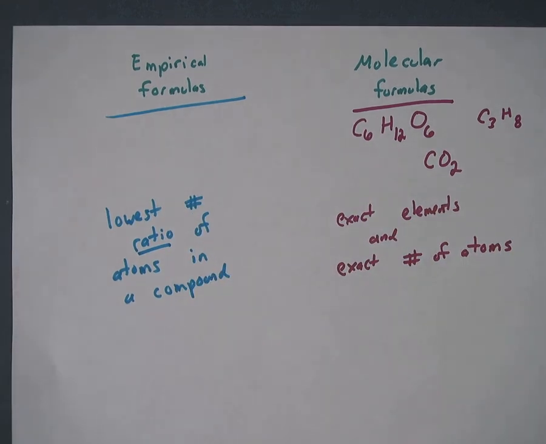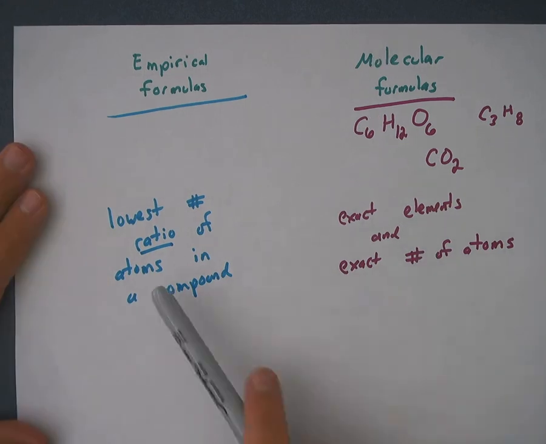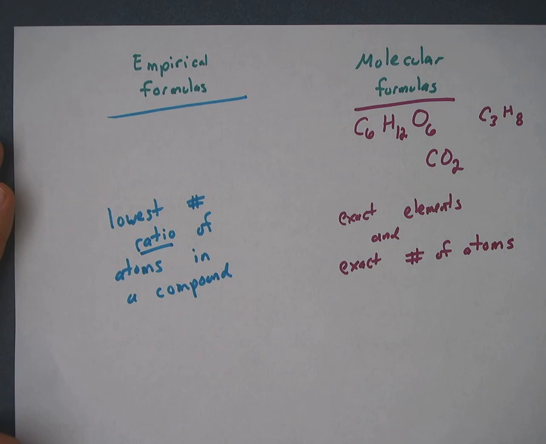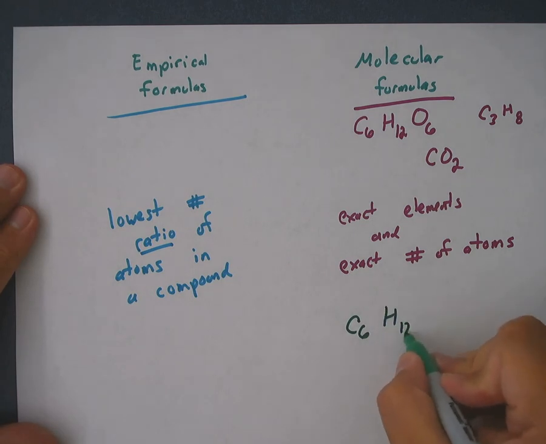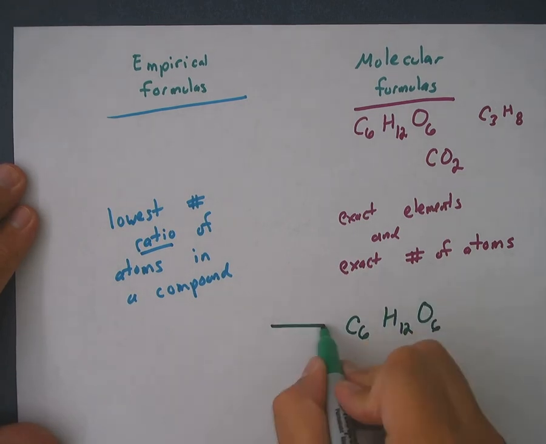And so in this first little lesson, I want you to make sure you know the difference between them, and then how do we compare an empirical and molecular formula, or swap back and forth, okay? Let's do a couple practice ones. If the molecular formula was C6H12O6, right?